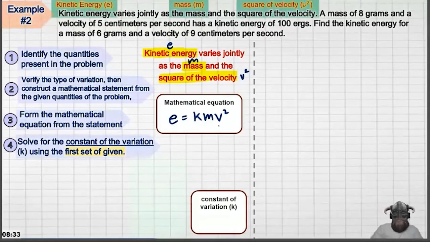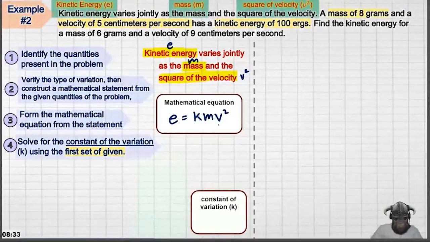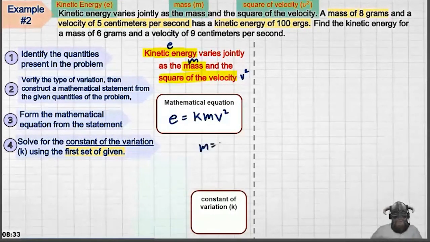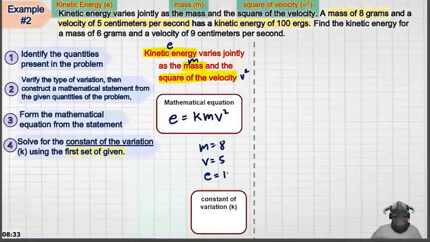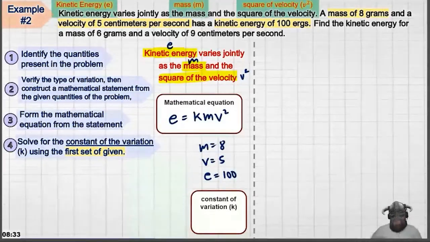So, i-highlight muna natin nasan dyan yung mga first set of given. So, yes, we have the mass. Yan, nandito. Mass is equal to 8. So, M is equal to 8. Then, sa second sentence lang yan, makikita yung first set of given. Velocity is 5. And then, the kinetic energy, we represent it as E as 100 ergs. So, yan yung mga values natin.